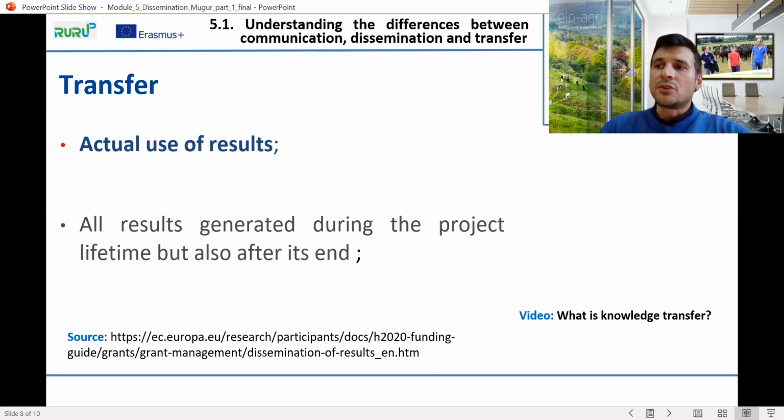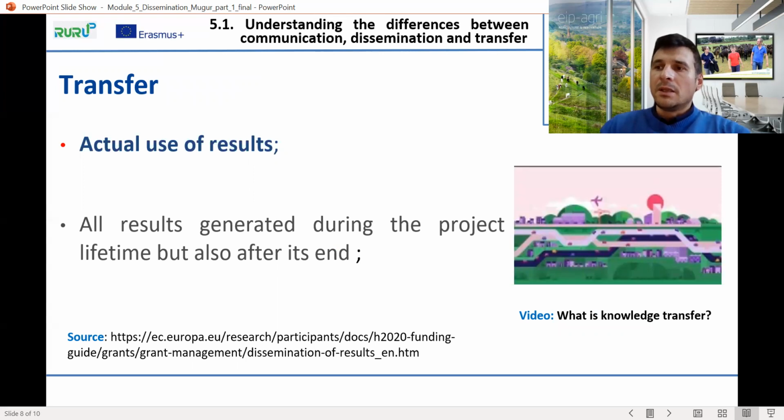Sometimes transfer means changing the end user's mindset. Often end users need training, advice, or new knowledge. Such measures are seen as very important in the transfer process. Find out more about what knowledge transfer means in the videos suggested in our online repository.